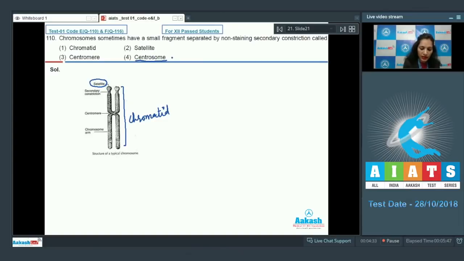Centrosome is the cell organelle which contains centrioles. So, the chromosomes sometimes have a small fragment separated by non-staining secondary constriction called chromatid. No. Centromere, it is the primary constriction. Centrosome, no. So the correct option for the given question is option number 2. Let's move on to the next question.